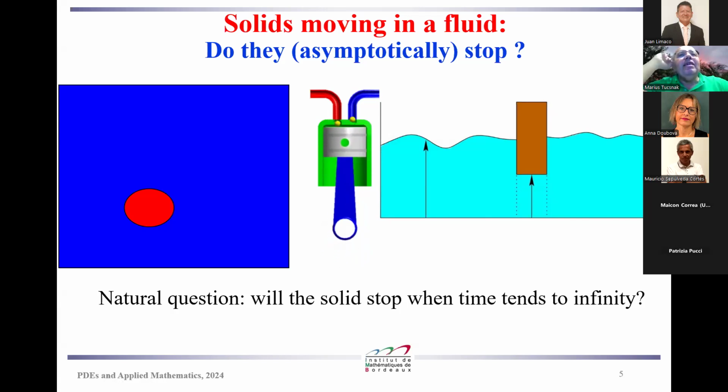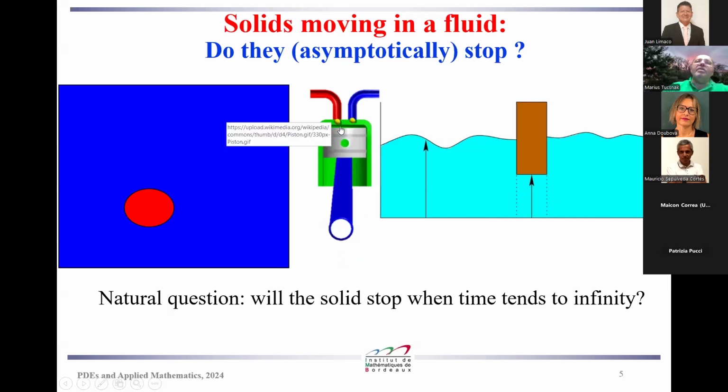Another very fascinating example, in the middle, is what is called the Stirling engine. Here there is a coupling of the motion of a compressible fluid with the motion of a piston, which is a rigid body. And the motion is due to the fact that we maintain a difference of temperature between two parts of this structure. So this is what's called the Stirling engine, which is a very simple structure, which mathematically is very challenging.